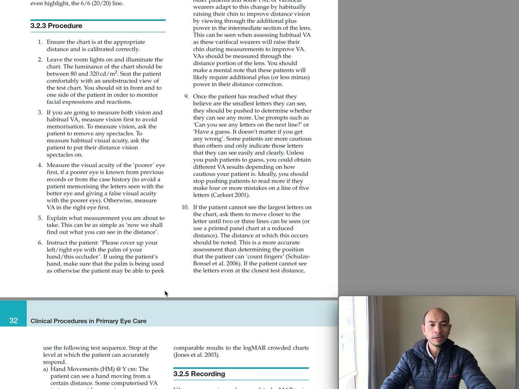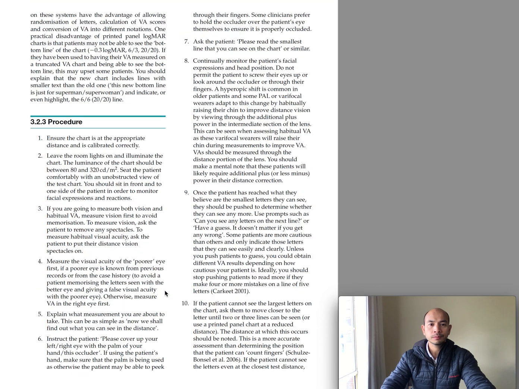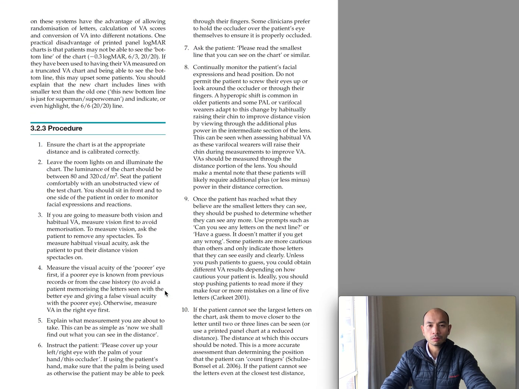If using the patient's hand, make sure that the palm is being used, as otherwise the patient may be able to peek through their fingers. Some clinicians prefer to hold the occluder over the patient's eye themselves to ensure it is properly occluded. Ask the patient, please read the smallest line that you can see on the chart.